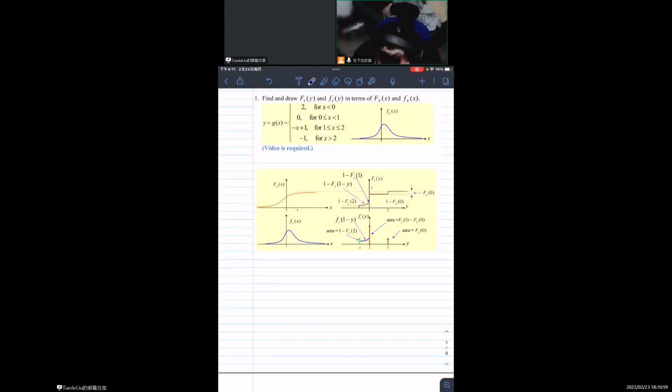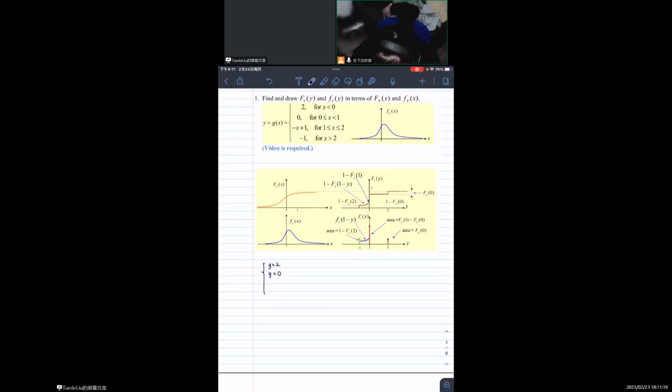When x is less than 0, we have y equals 2. We also get y equals 0 for x from 0 to 1.